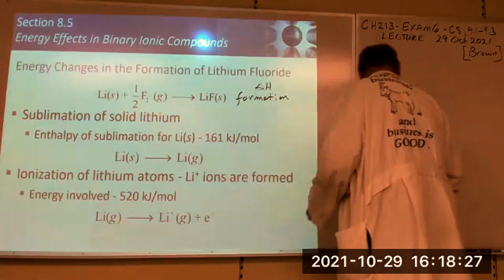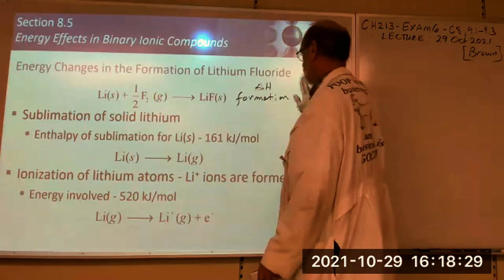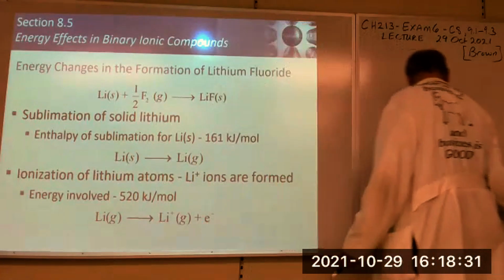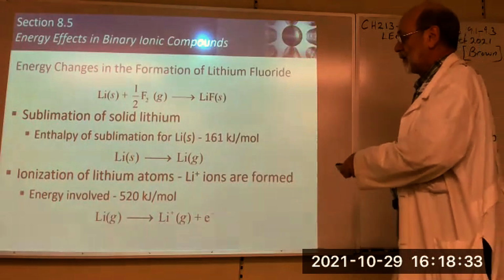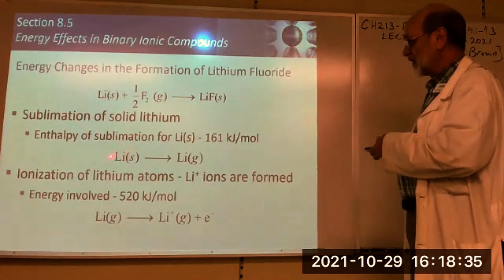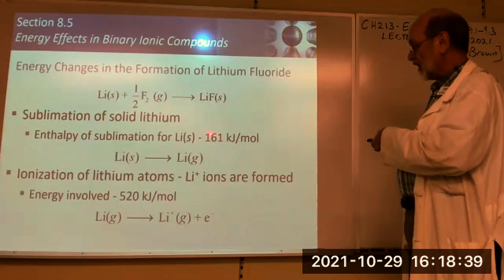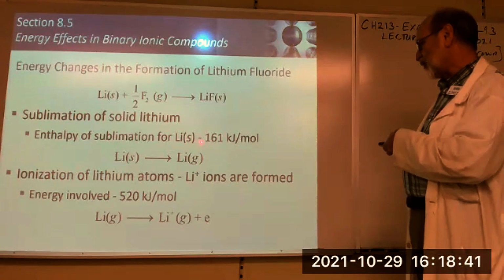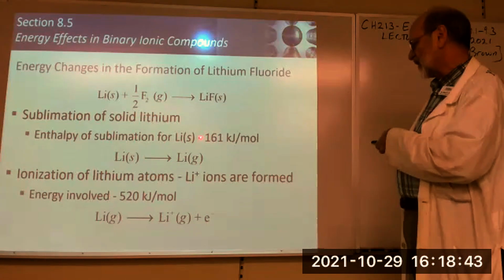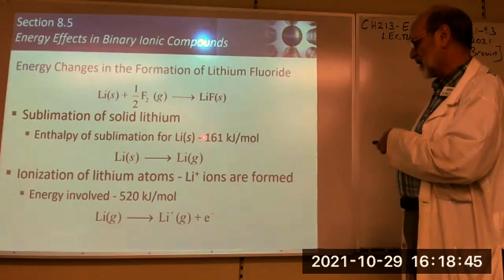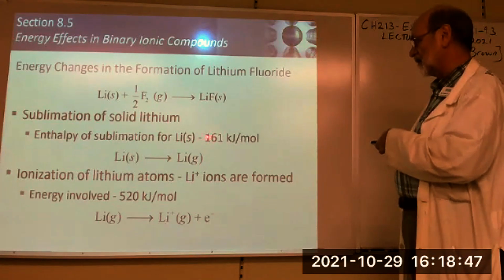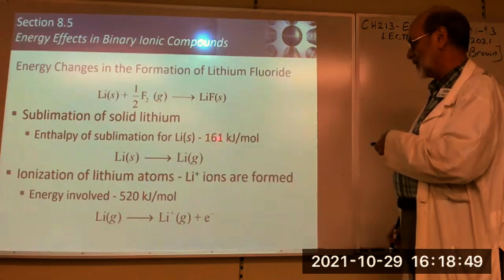And that has an enthalpy of formation for that compound. Well, we can bust it apart and say, all right, first we're going to take the lithium, make a gas out of it, which requires input, that's misleading. That shouldn't be there because that makes you think it's a negative, but it's not. You have to put energy in to get there.